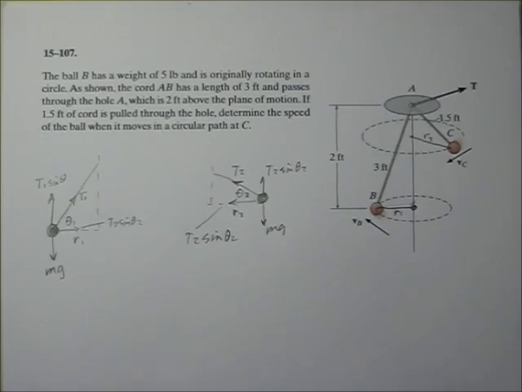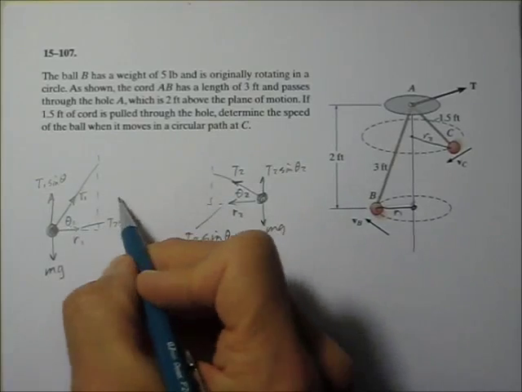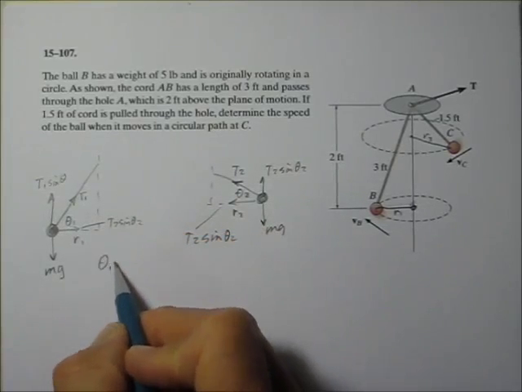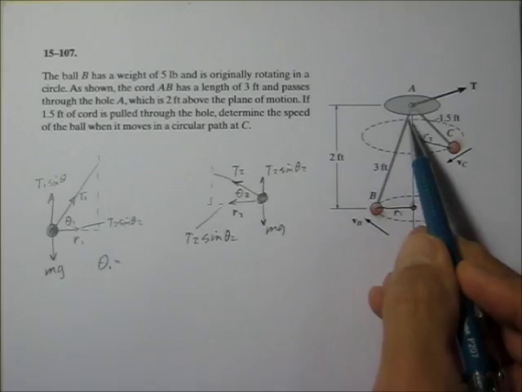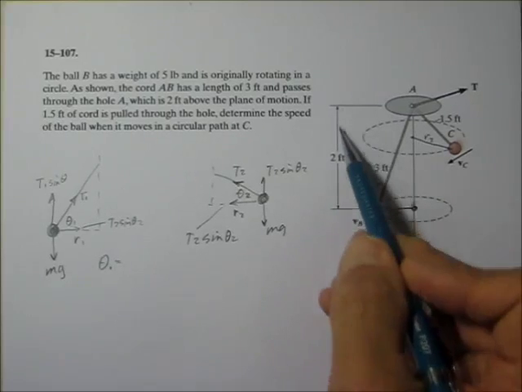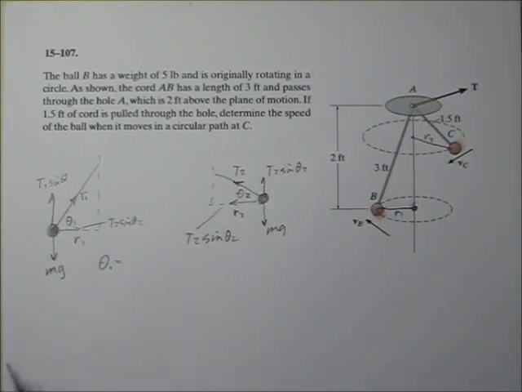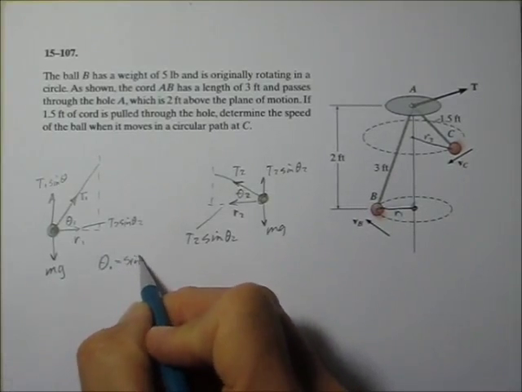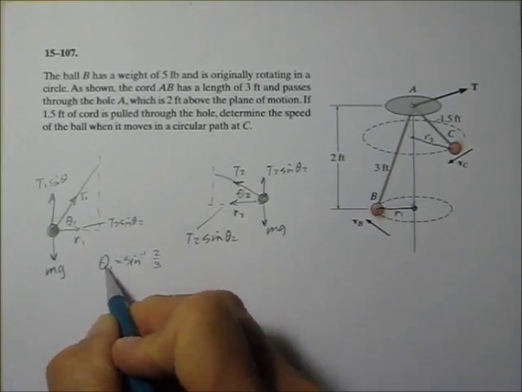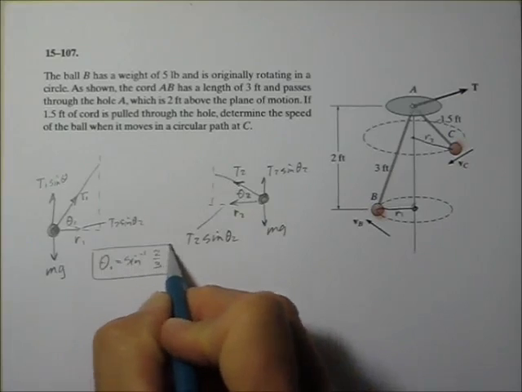From the geometry, we can find this theta here as theta 1. Since we have a 3-foot-long string and 2 feet there, I can say theta 1 is equal to sine inverse of 2 over 3. That's one equation that we might want to use.